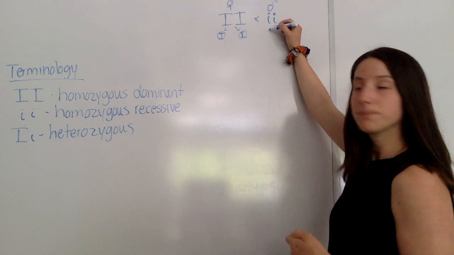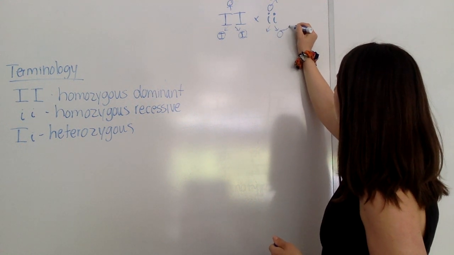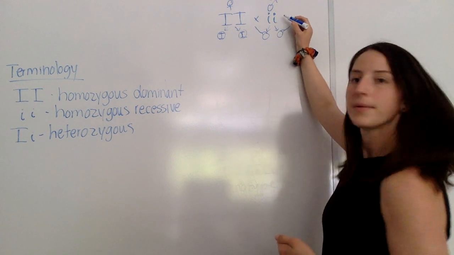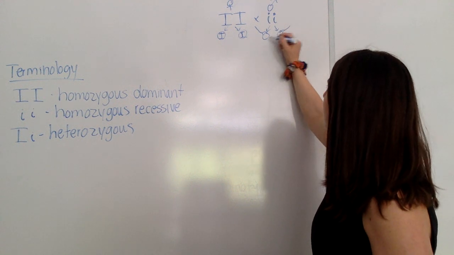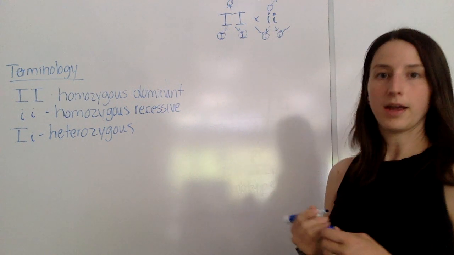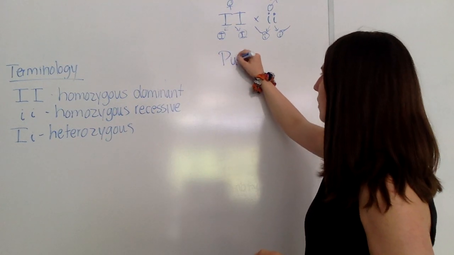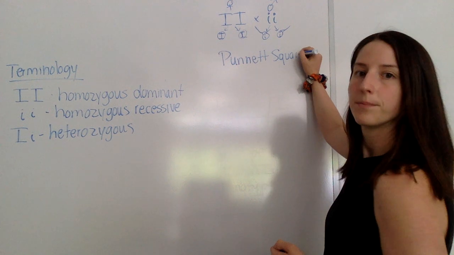This person is going to make sperm, and the possibility for their sperm is the lowercase i, the recessive allele. So all of their sperm are going to carry a recessive allele. Okay, so we're going to do something called a Punnett square.